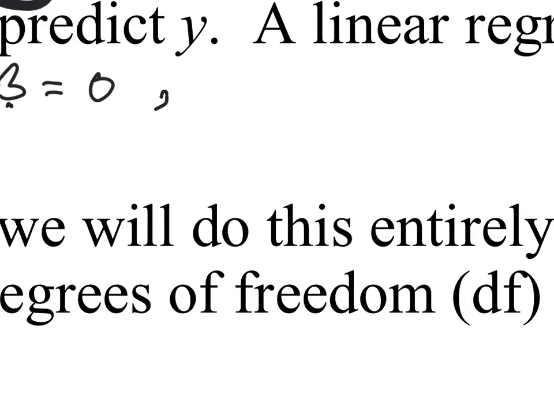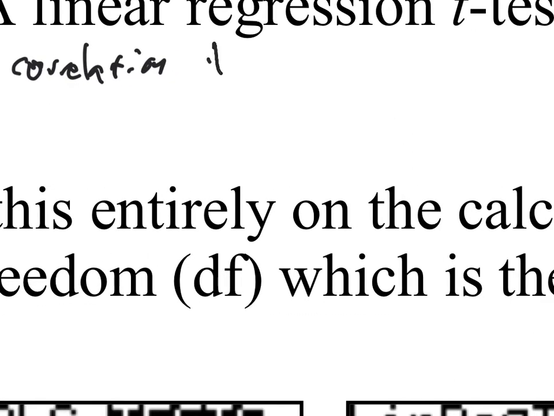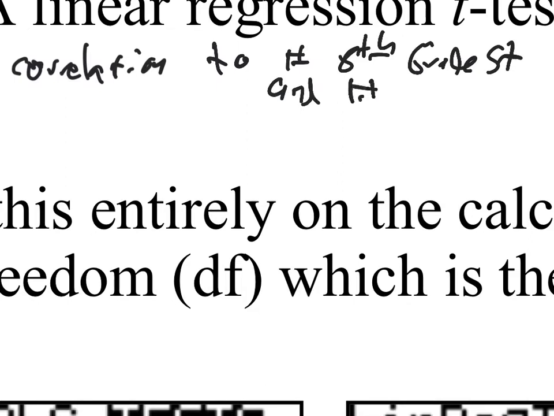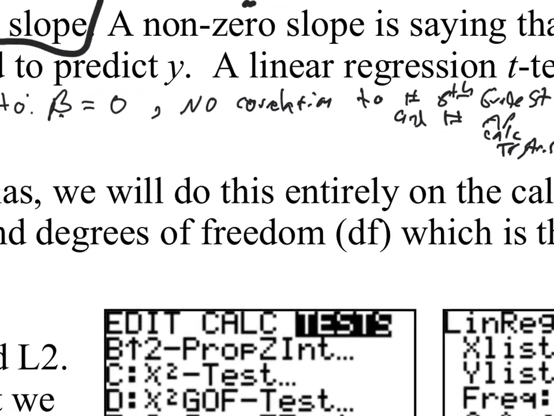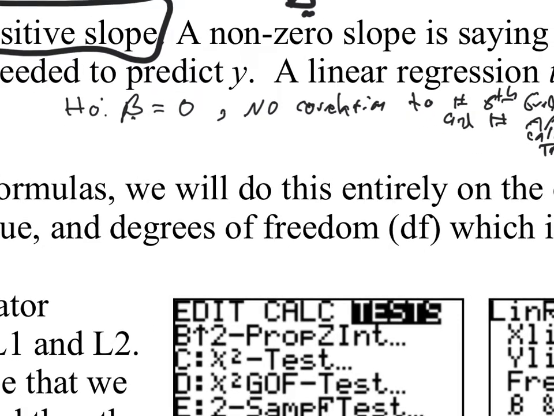Because our null hypothesis is that there is no correlation or association between the number of 8th grade students and the number of AP Calculus testers. That's my null hypothesis. Your null hypothesis will always be: let the slope be equal to 0.